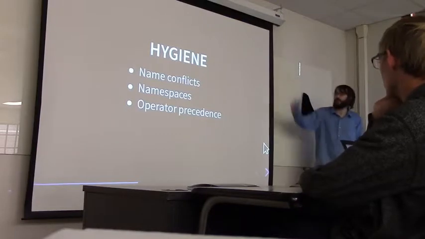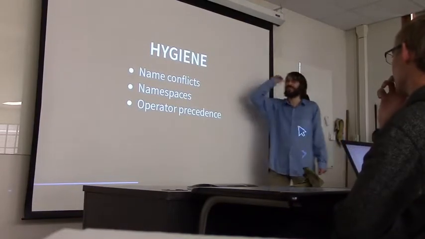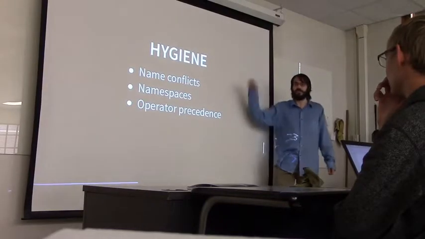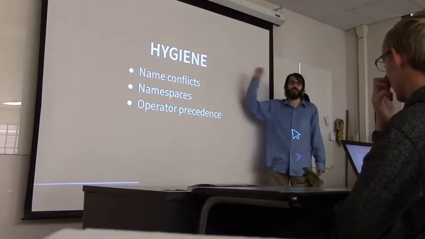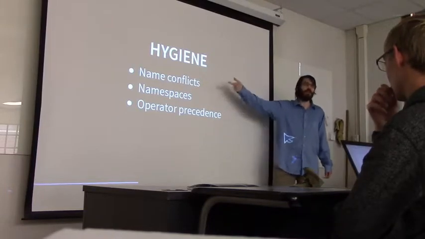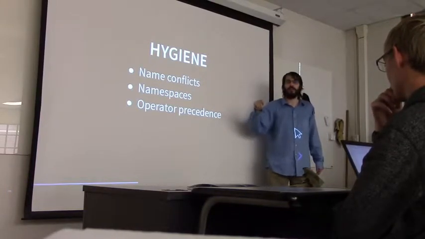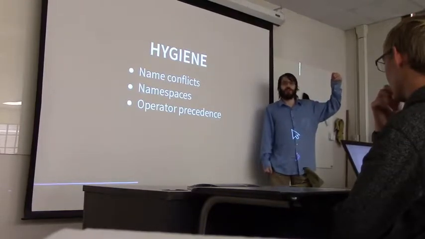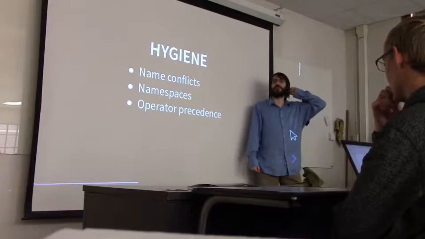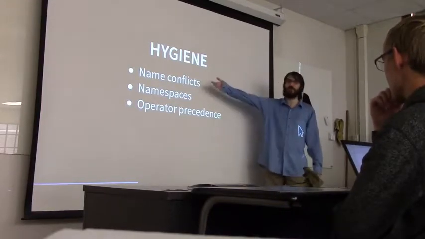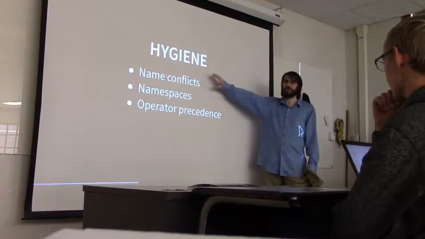So let's talk about hygiene. Multi-stage programming working effectively depends on having good hygiene. C macros do not. When you define a name inside a macro, it's in the scope of the place that's calling the macro, and names used inside the macro are also in the scope of outside the macro, which means that if you have a name conflict, everything breaks.